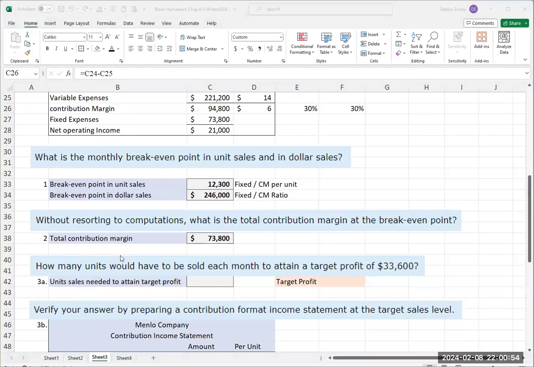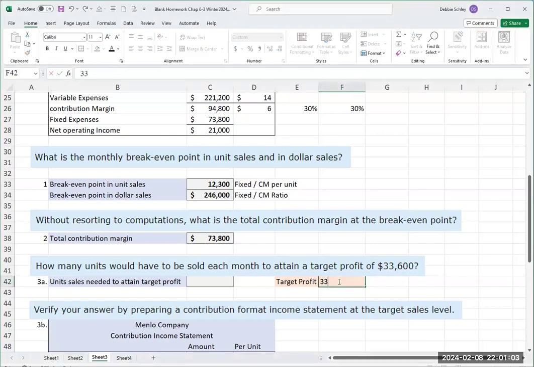3A. How many units would have to be sold each month to attain a target profit of 33,600? Okay, so here's my target profit. Now, instead of getting to 0, they want this net operating income to be this number.